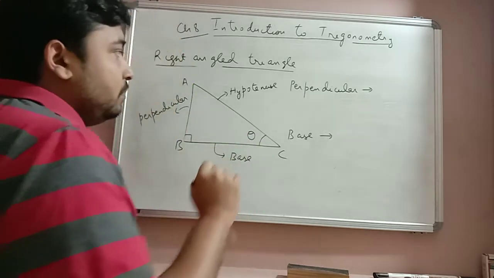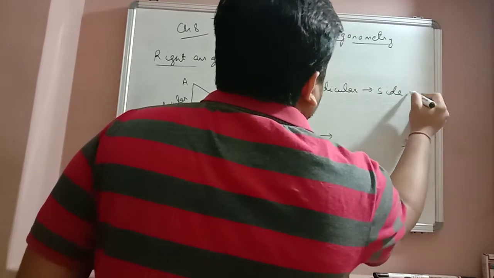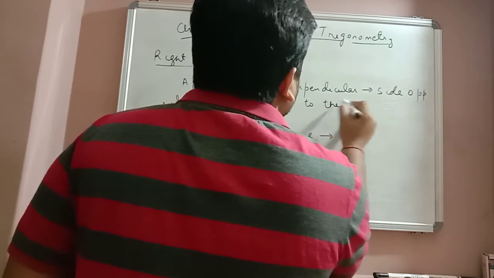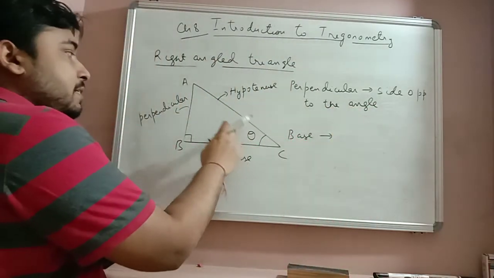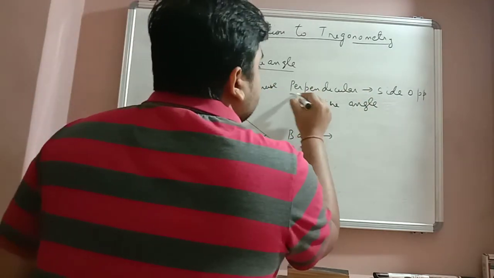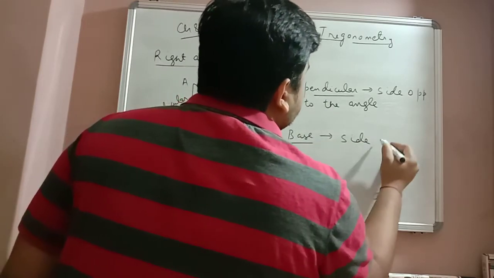So perpendicular is the side opposite to the angle which we have considered. Whatever angle we consider, the side opposite to that will be the perpendicular, and the base will be the side adjacent to the angle.